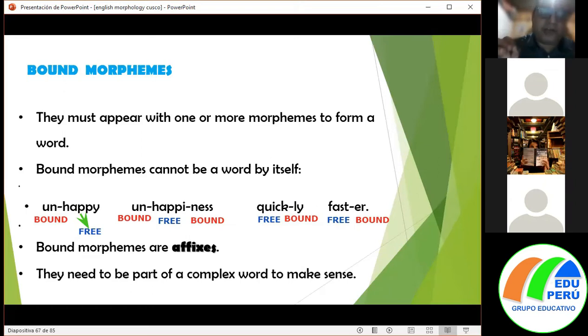Remember, bound morphemes need to be part of a complex word to make sense. So we are going to make complex words. Simple is happy. Simple word. But if you add prefixes and suffixes, you make this simple word into a complex word: unhappy, unhappiness. Adding prefixes and suffixes.